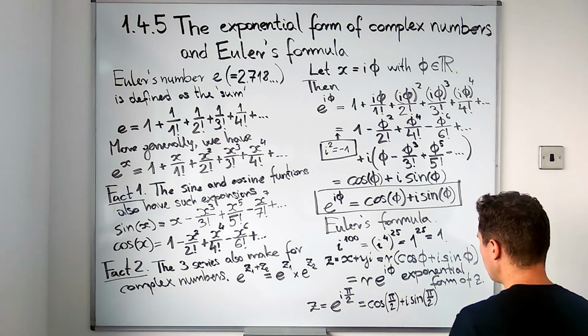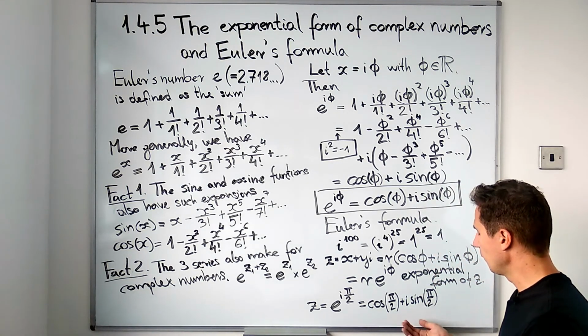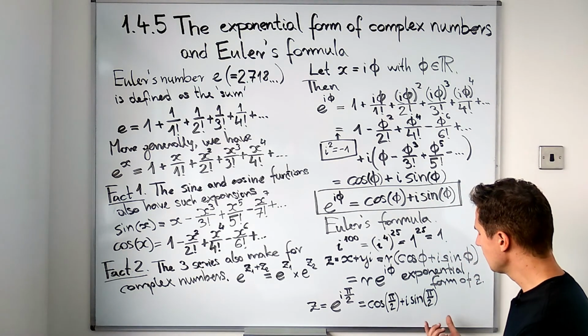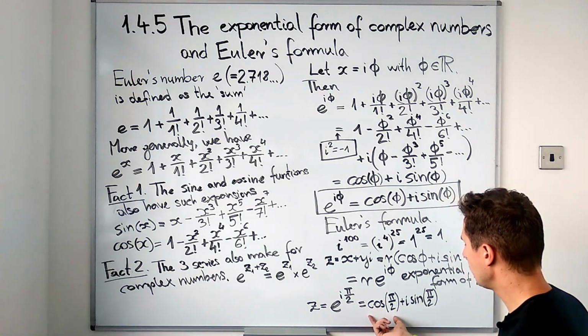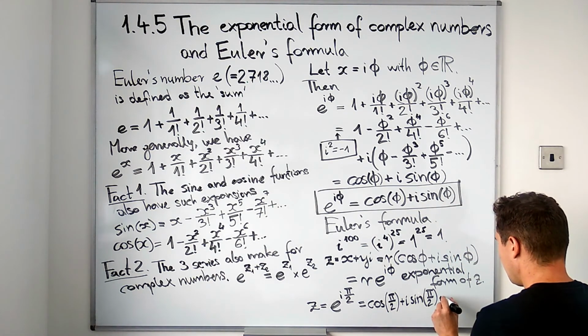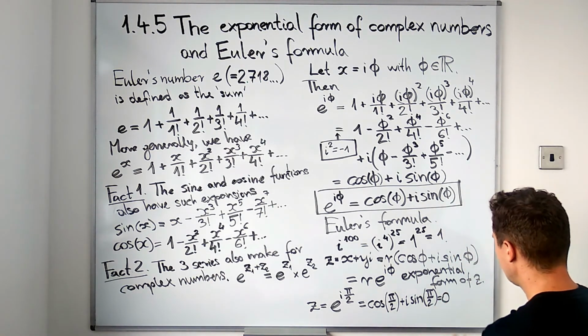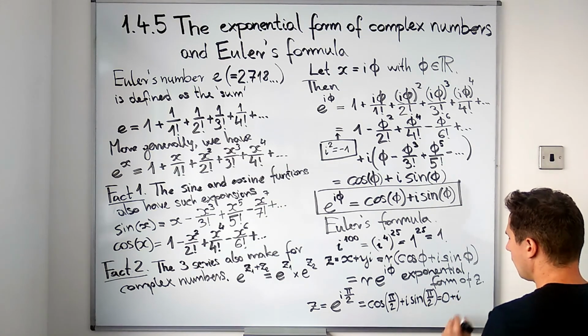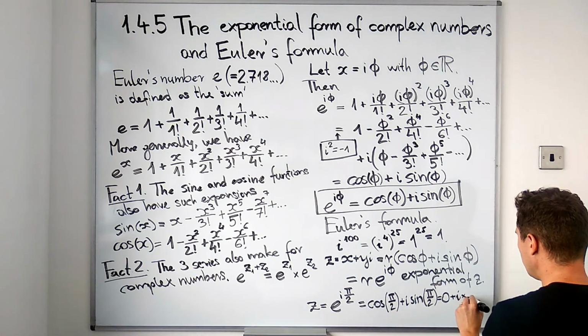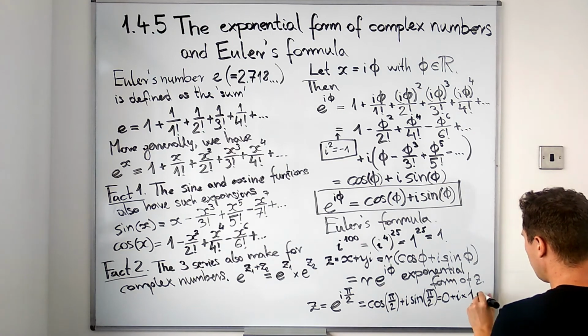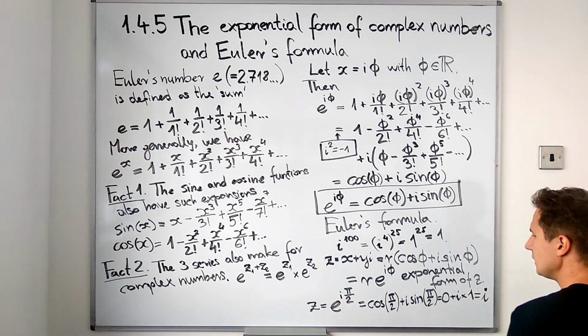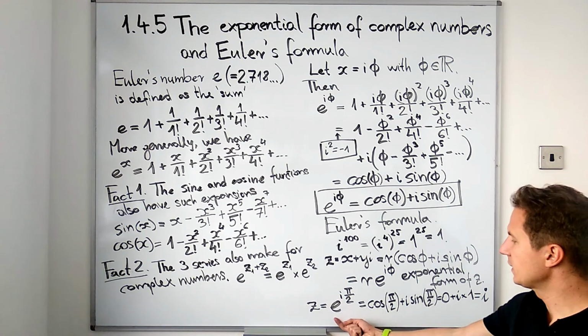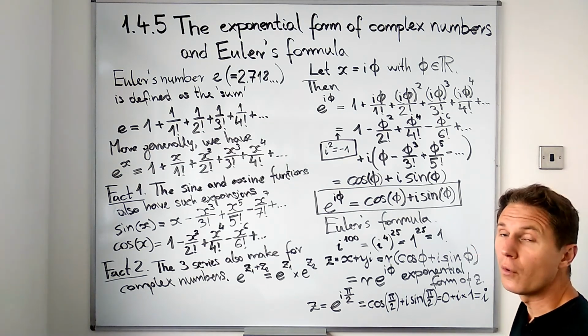Now you have to remember what the cosine and sine of 90 degrees are. Well, the cosine of 90 degrees, pi over 2 radians, is 0. And the sine of pi over 2 is equal to 1. So this is just 1 times I. So what we really get here is the imaginary unit being expressed in its exponential form. Okay?